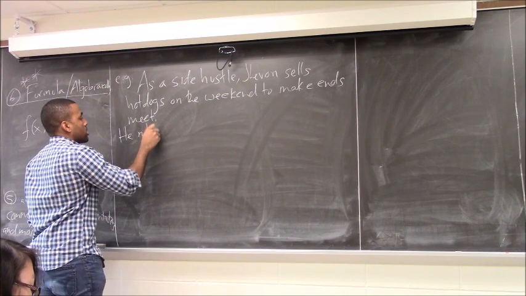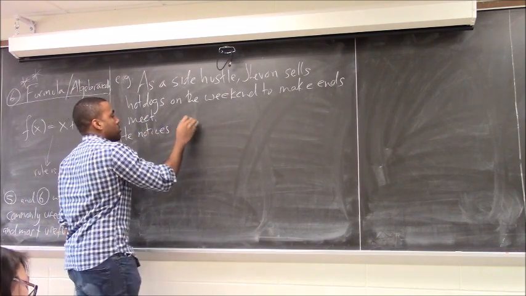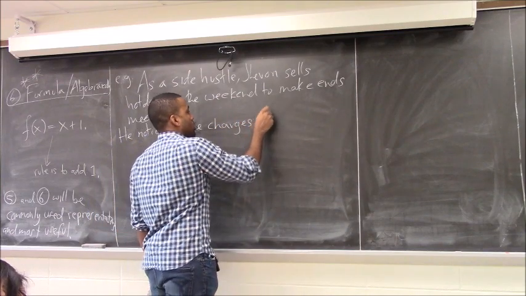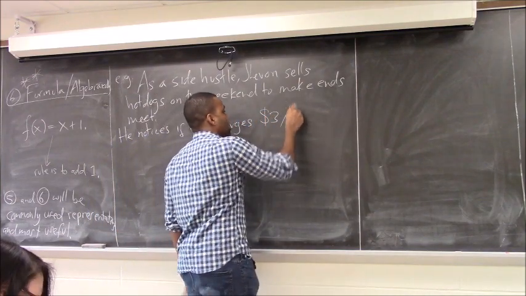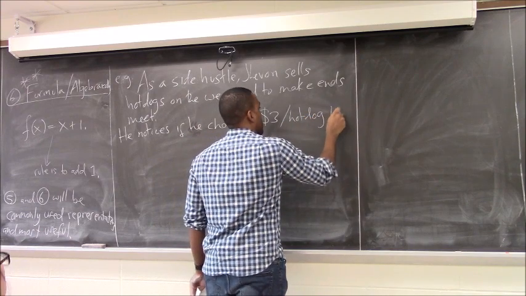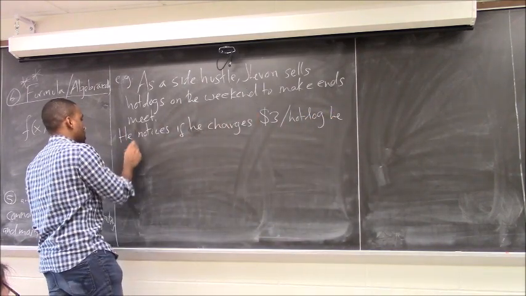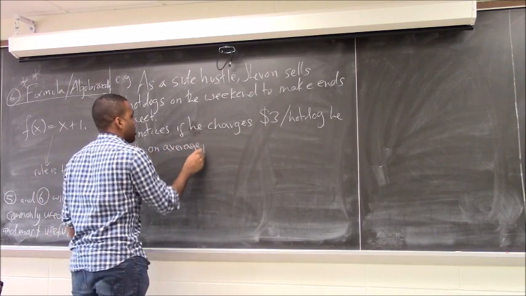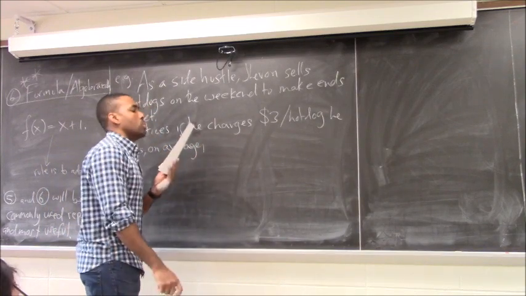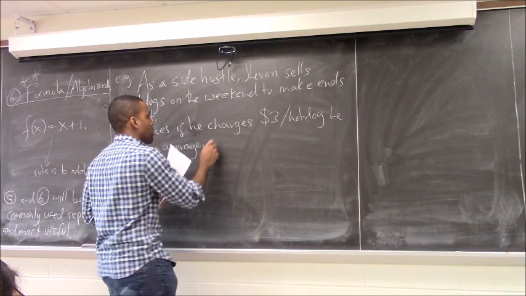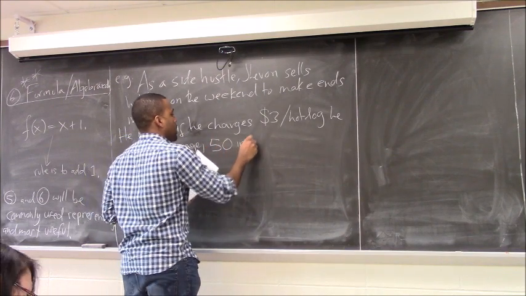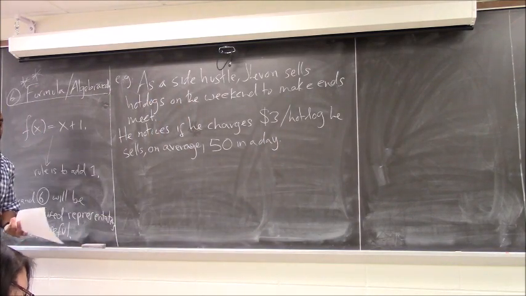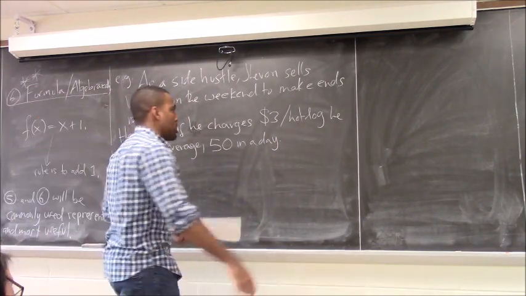He notices if he charges $3 per hot dog, he sells on average, what were the numbers I put? 50 in a day. Alright, so I charge $3 per hot dog. I can sell reliably around 50 hot dogs.